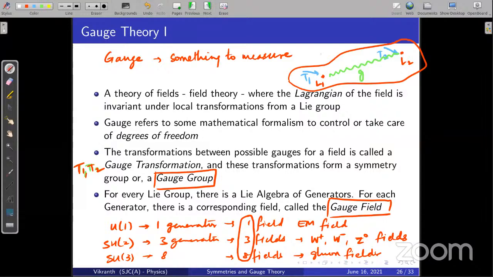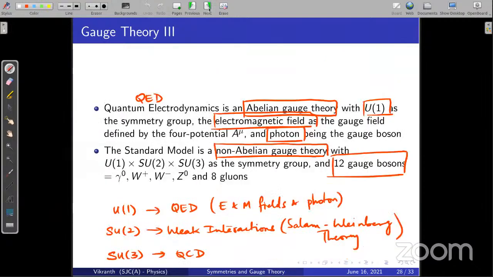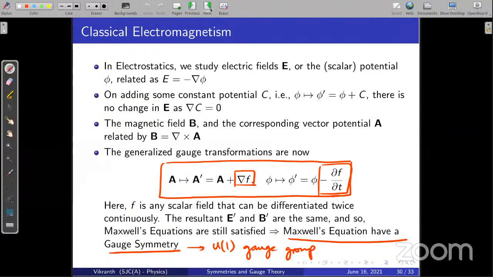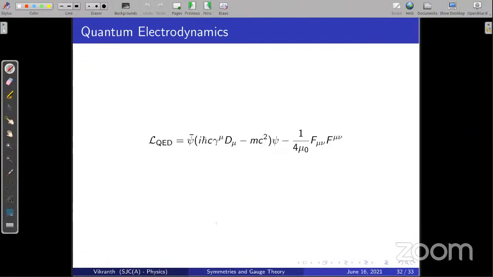In different field theories, in electromagnetism for example, this corresponds to the photon. The photon itself is massless, so it does not take energy to create them and so on. But that's studying gauge theories in a little more depth, which is our topic for tomorrow. And I think I will just show you one last Lagrangian. This is the Lagrangian for quantum electrodynamics, which we saw has a U1 gauge symmetry.